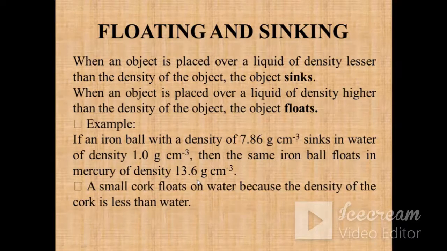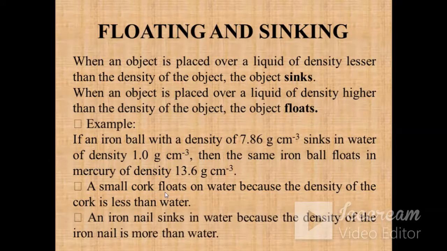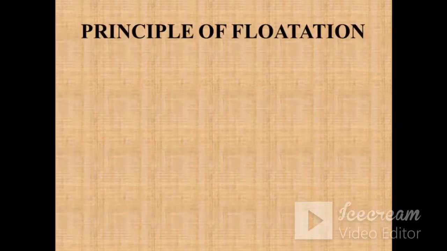Then if you put a small cork on the surface of water, because the density of cork is much less than the density of water, the cork is going to float. Whereas the iron nail, due to its higher density, is going to sink in the water.